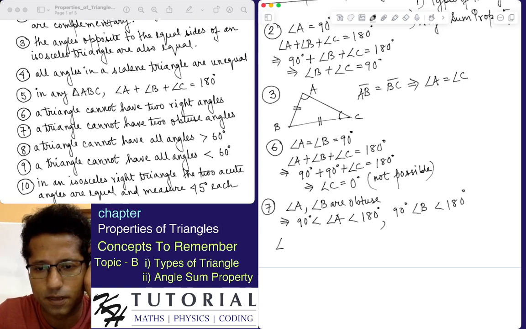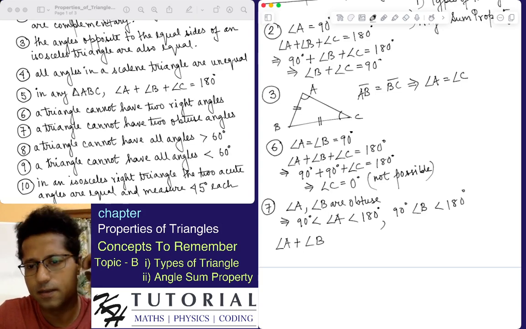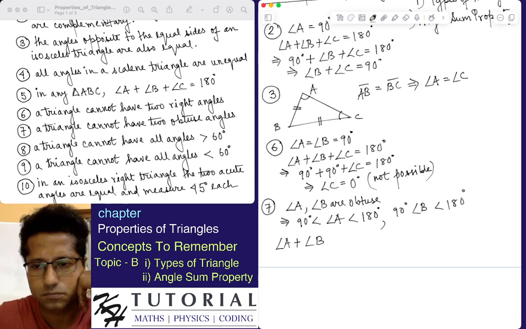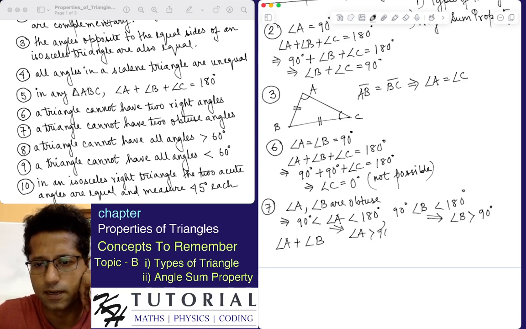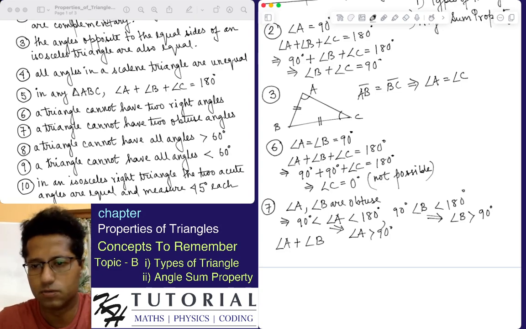Now consider what happens to angle A plus angle B. This implies that angle B is greater than 90 degrees, and this relation also implies that angle A is greater than 90 degrees. So with both angle A and angle B greater than 90 degrees, angle A plus angle B will obviously be greater than 90 degrees plus 90 degrees.